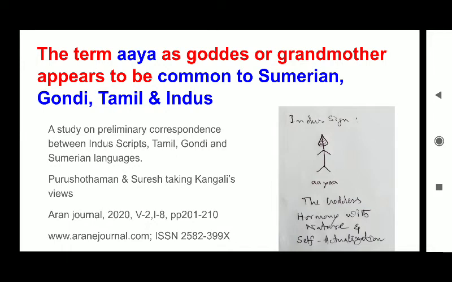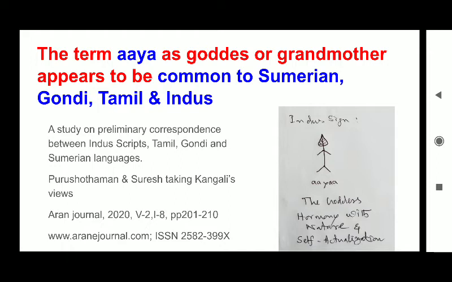Even we see Gondi tribes have the cap, or the topi, or the crown decorated with pots of plants and flowers in a very similar way.